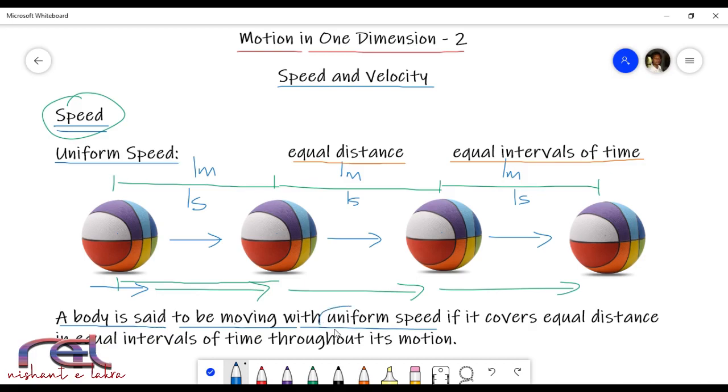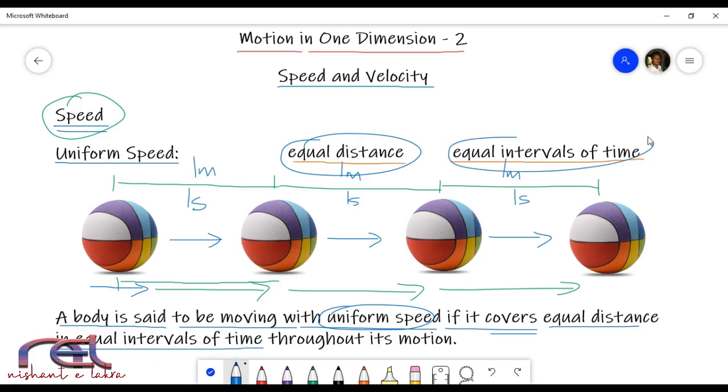A body is said to be moving with uniform speed if it covers equal distance in equal intervals of time. You see that equal distance, 1 meter, at equal intervals of time. So this is what uniform speed is.